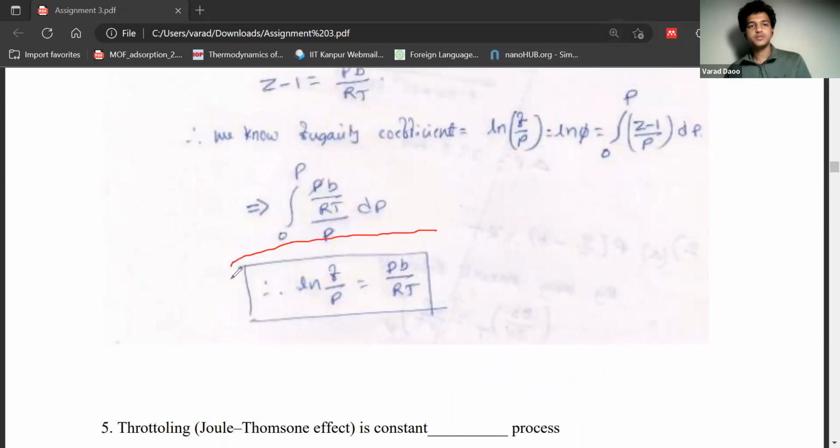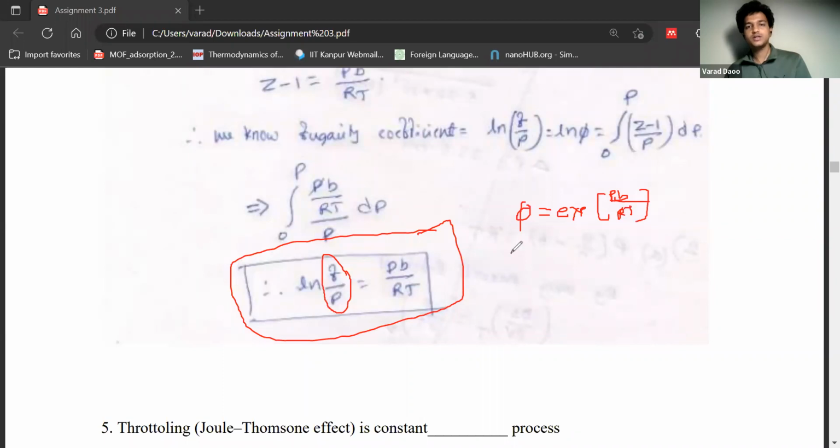We get ln of f by p is PV by RT. And f by p is nothing but our fugacity coefficient. So if they ask what is the fugacity coefficient, you go exponential of PV by RT. And if they are asking what is the ln of pi, then the answer is PV by RT.